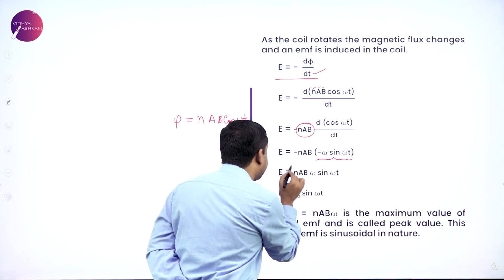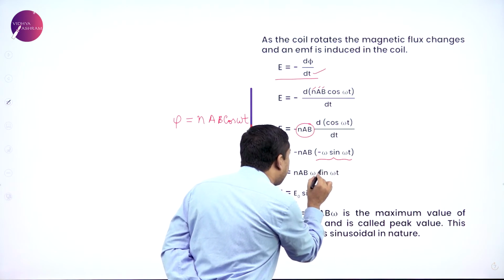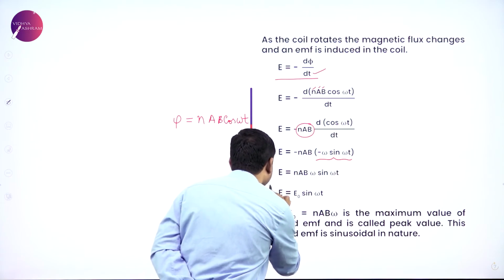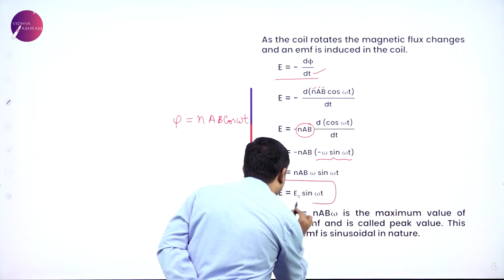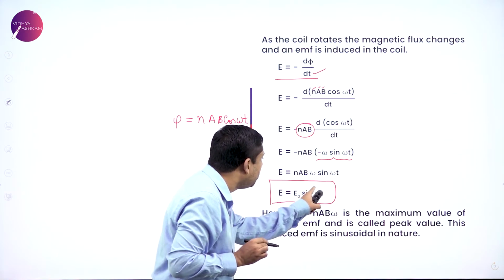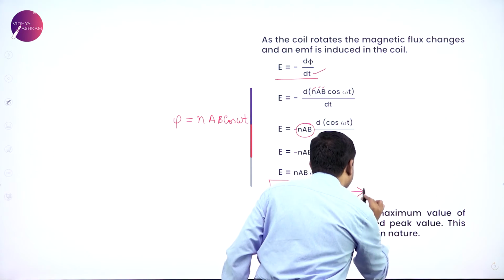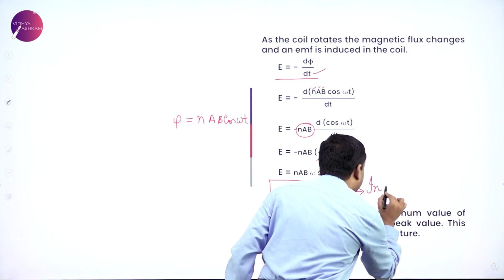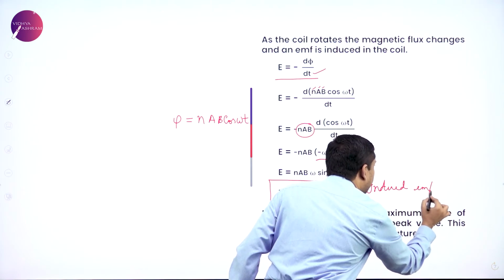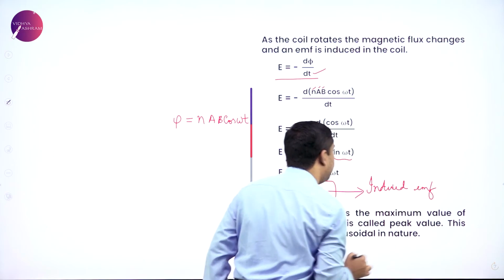So E is N A B omega sin omega t, or E equals E naught sin omega t, and this is the expression for EMF induced in an AC generator.